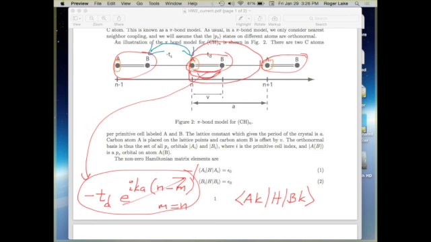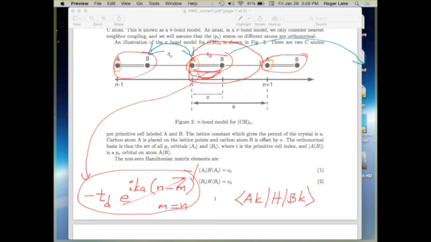Even if I had matrix elements going from here way out here, it would still be 2 by 2. But then you're including a lot more atoms.